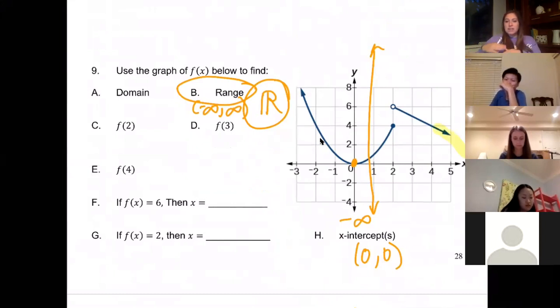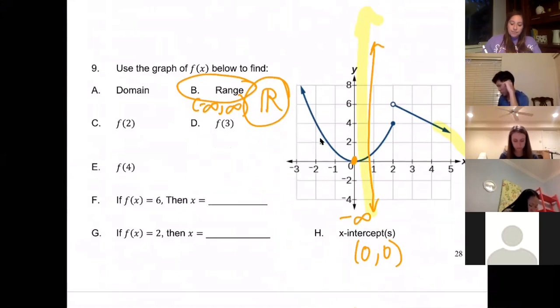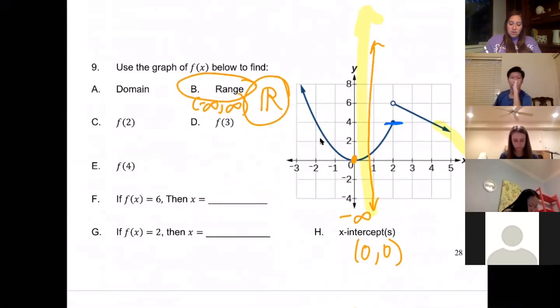So it's technically starting at negative infinity and going all the way to positive infinity. I don't have to stop here or here because there's a gap. I mean, it's defined in those areas as well. So I never need to stop.